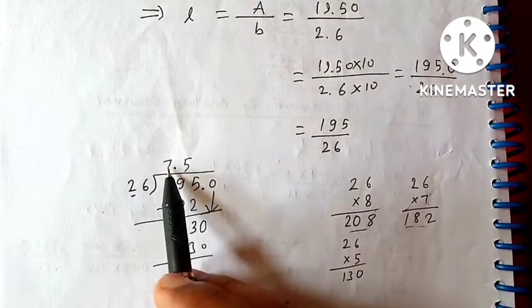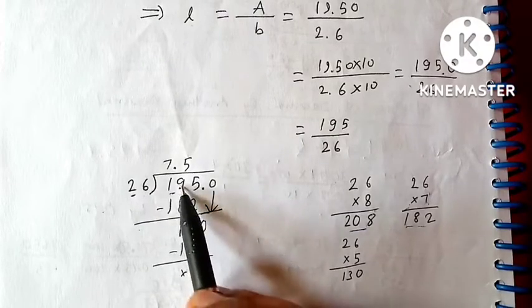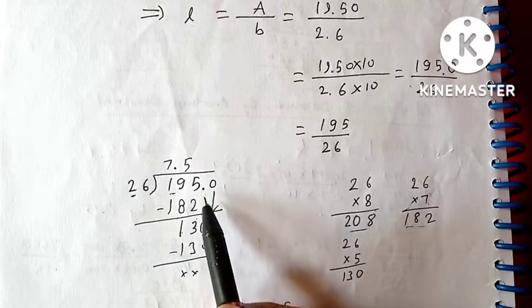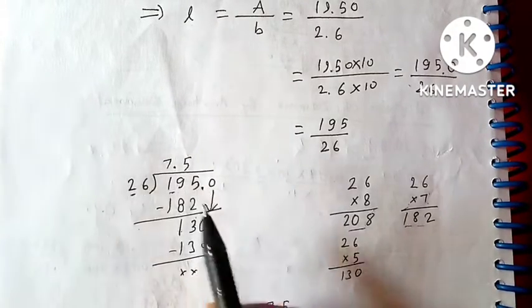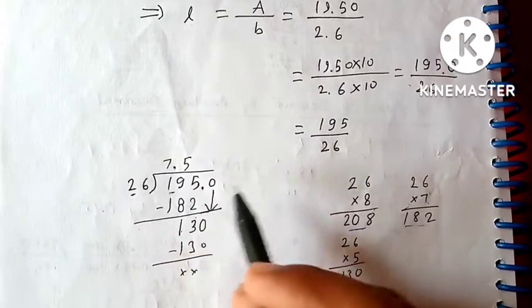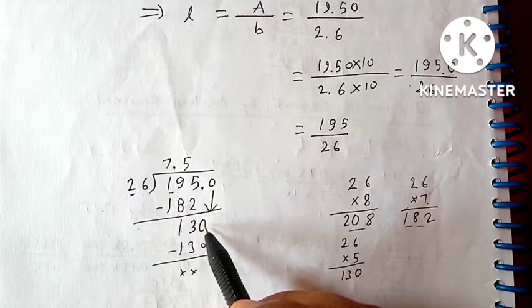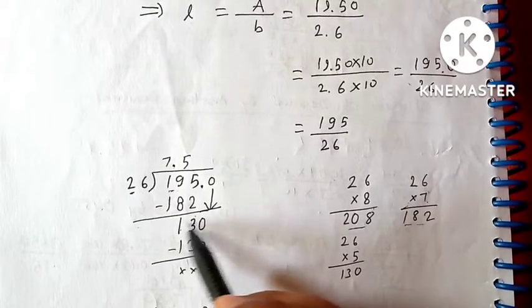So write 7 here, and the product 182, subtract: 5 minus 2, it is 3, 9 minus 8, it is 1, 0. 0 is taken from, we can proceed further. So put decimal. If we put decimal here, we must put decimal in the quotient. Now after decimal, put 0, and this 0 is carried below. Now it is 130.